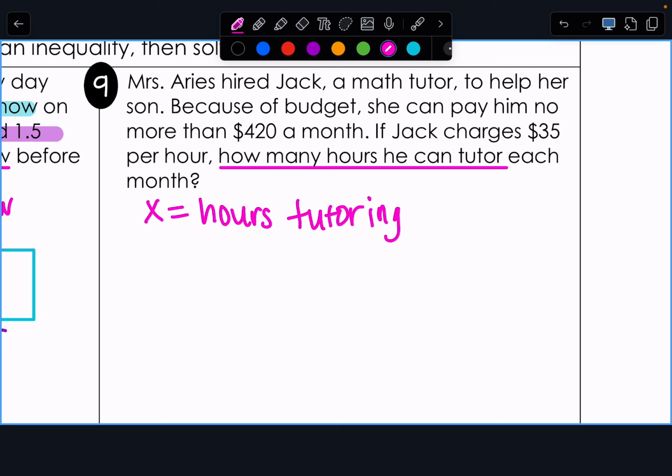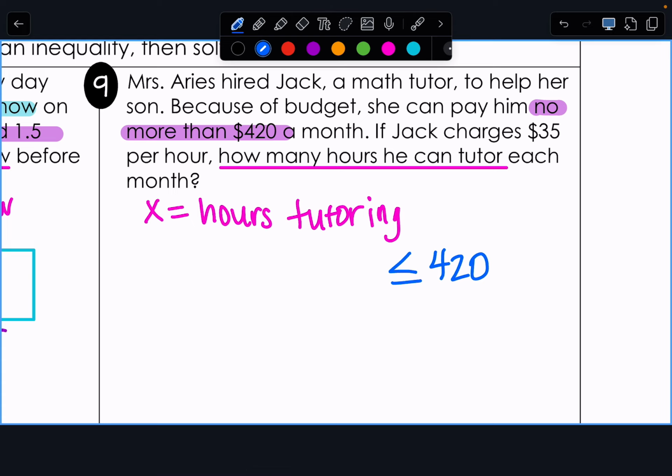Okay, now, it says she can pay him no more than $420 a month. No more than $420. That's going to mean no more than. So what's not more than? Less than or equal to 420.